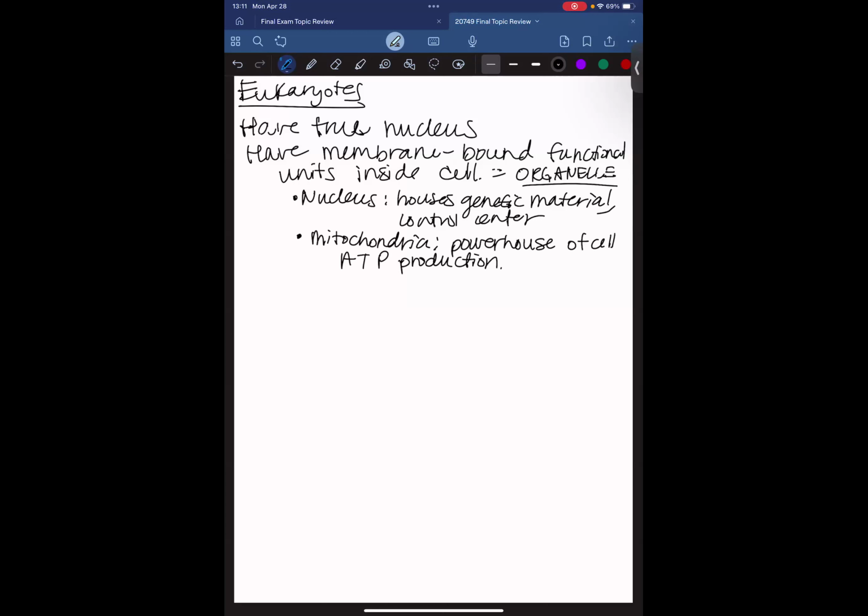So our eukaryotes, for our microbes, this is our fungi, which includes yeasts. This is our protozoa. This is our helminths. And us and other multicellular organisms as well. But for our microbiology stuff, it's these guys.